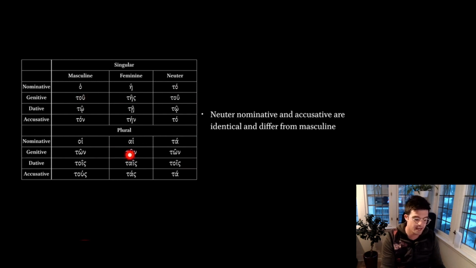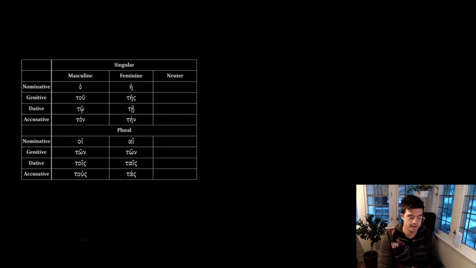I will leave these up, take these out, and ask you just to write in the neuters, having these as a visualization. So if you remember this little rule, that the neuter nominative and accusative are always identical to one another, this is true both in the singular and in the plural, and they differ from the masculine. This will help you fill in the blanks here.